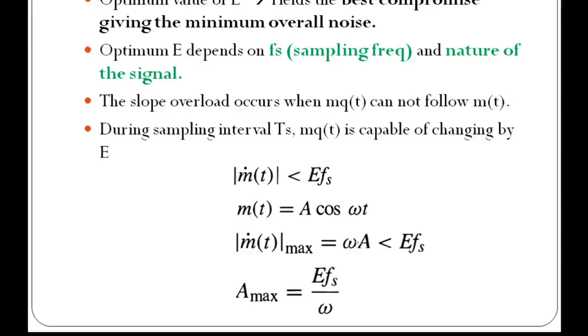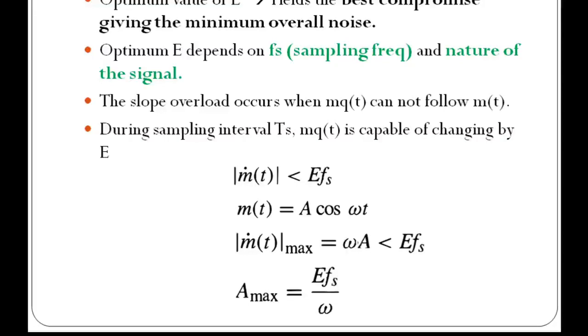For a voice signal, which contains all frequency components up to 4 kHz, calculating A max using omega, we are considering the maximum frequency of 4 kHz, so omega is 2 pi f, or 2 pi into 4000. This will give a conservative value.